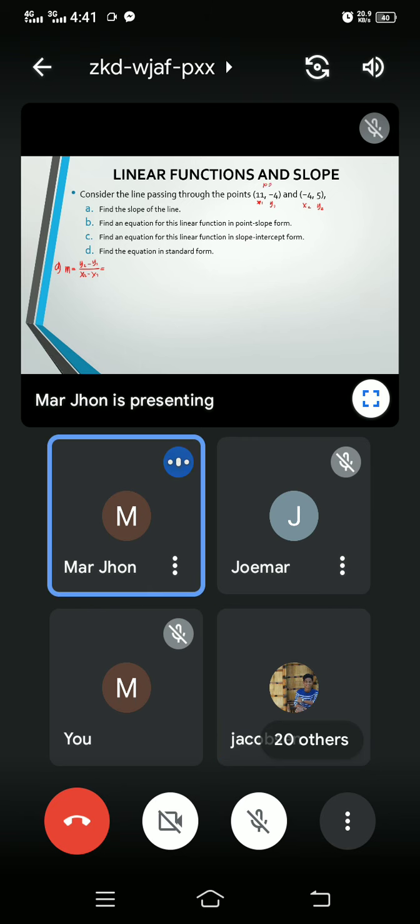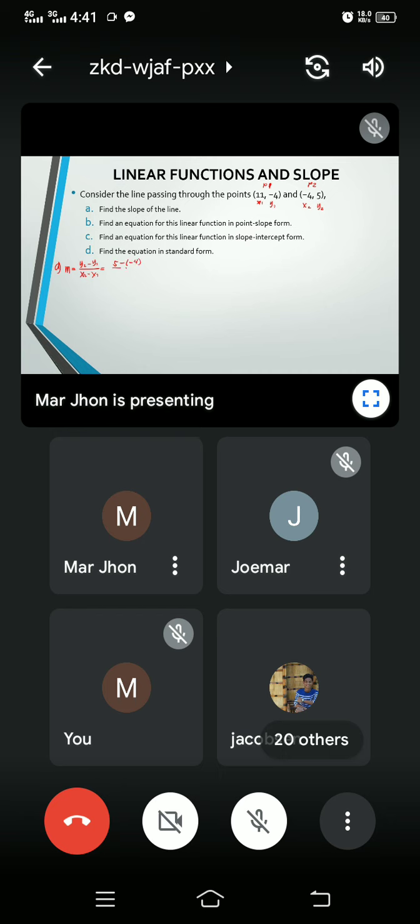So point 1 and point 2. So y sub 2 is 5, then minus y sub 1 which is negative 4, divided by x sub 2 which is negative 4, and then minus x sub 1 which is positive 11, so minus 11.